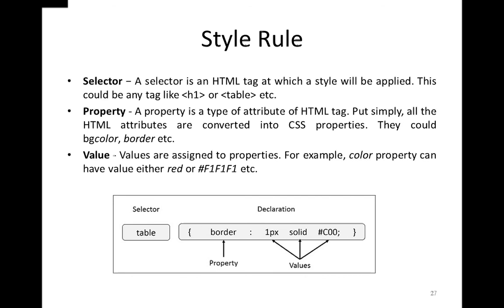Selector is an HTML tag which is there in the HTML page, for example h1 tag, table tag, image tag, etc. Property means the attributes we have written in the HTML tag, like bgcolor, color, border, and align, etc. And values are the values which we assign to these attributes, like color is red and align equal to something like center, whatever it is.